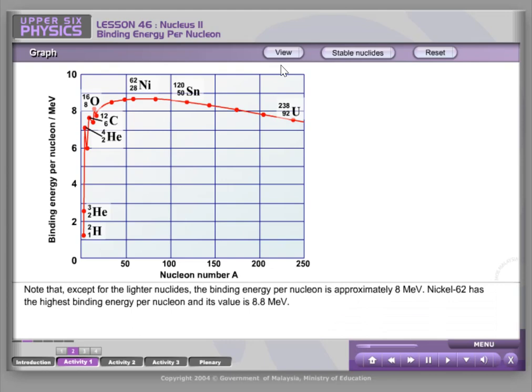Note that, except for the lighter nuclides, the binding energy per nucleon is approximately 8 MeV. Nickel-62 has the highest binding energy per nucleon and its value is 8.8 MeV.